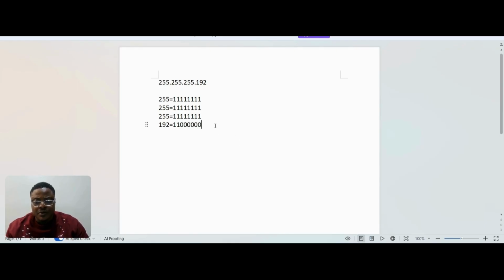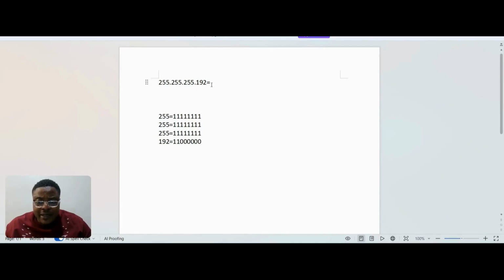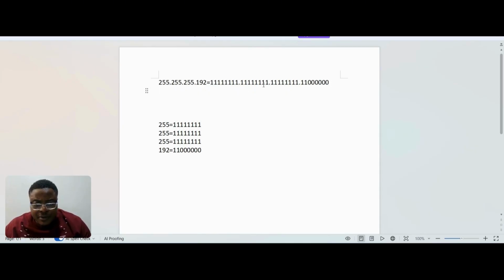So it means that the binary number of 255.255.255.192 is 11111111.11111111.11111111.11000000. So that means that the prefix will be 26.